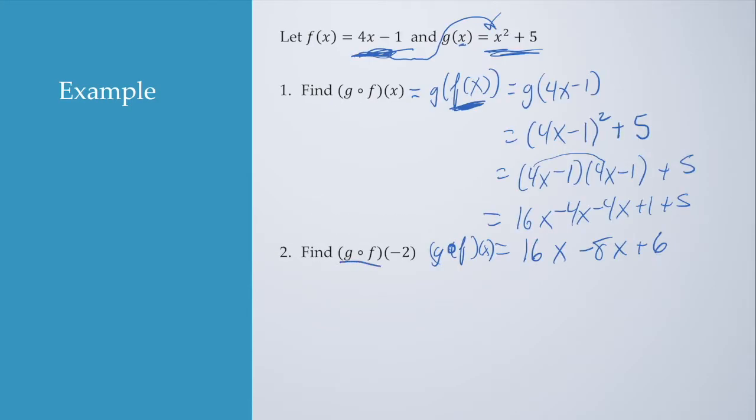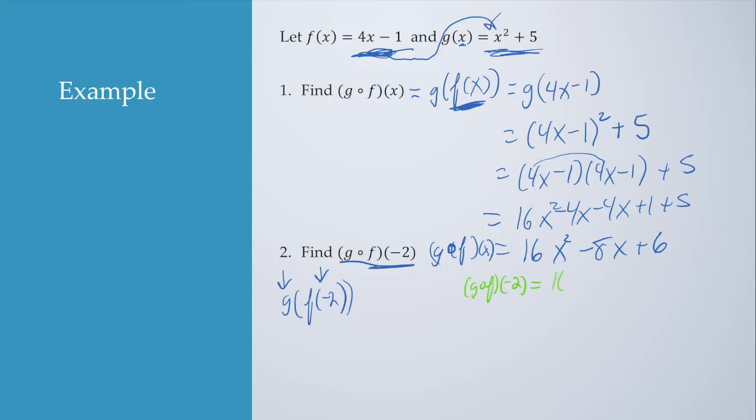Or I could substitute negative 2 into f and then put my solution into g. I'm going to do it both ways. So first I'm going to substitute in green into my original function. So now I have g composed with f of negative 2.